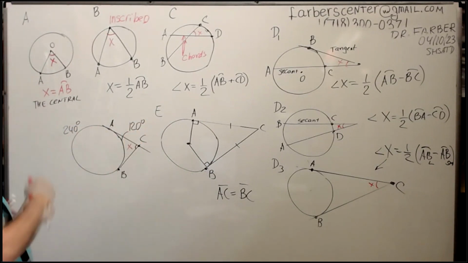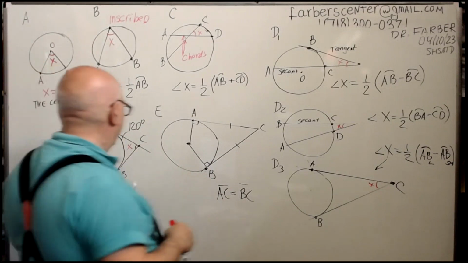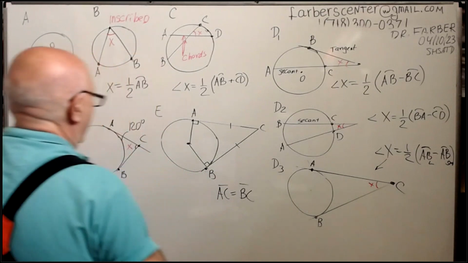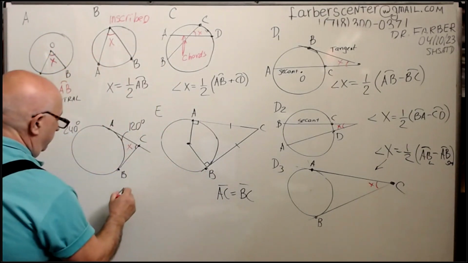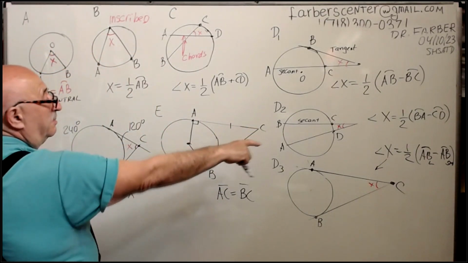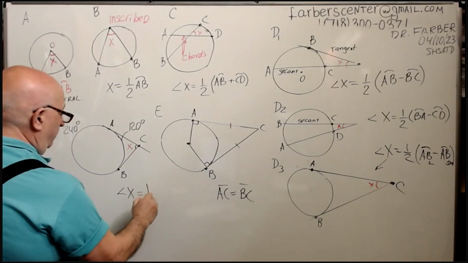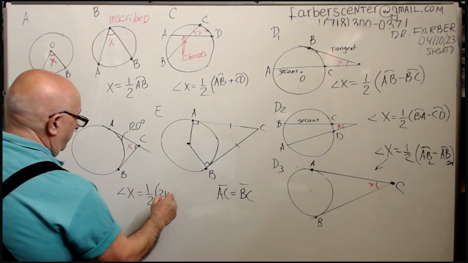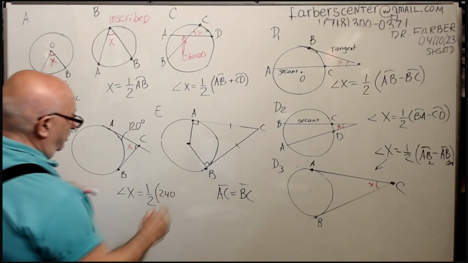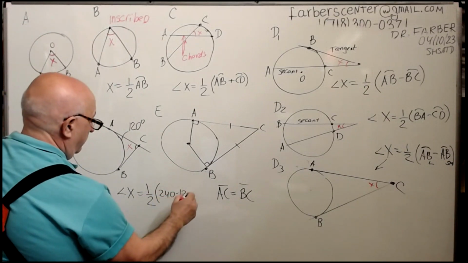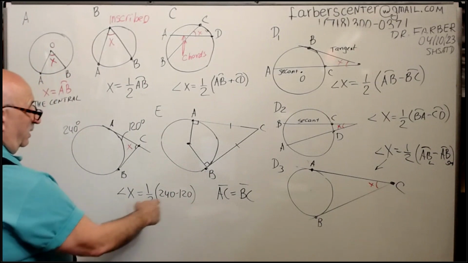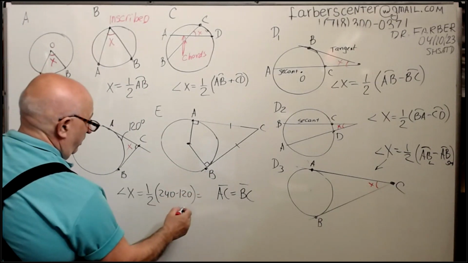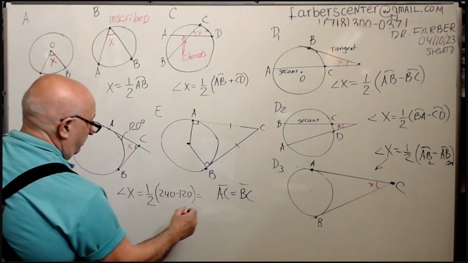Because overall they're supposed to give 360. So based on this formula, angle X equals 1/2 of 240 minus 120, which is 120 divided by 2, 60 degrees. And in one shot, you found this angle.